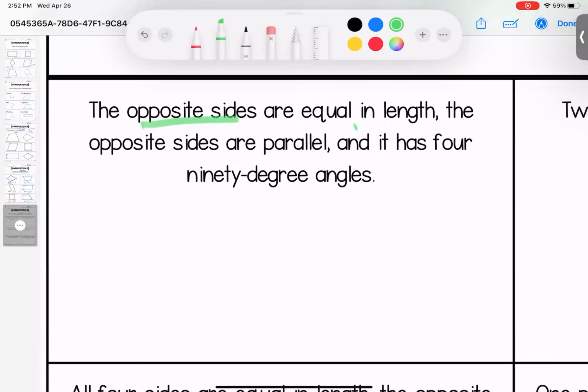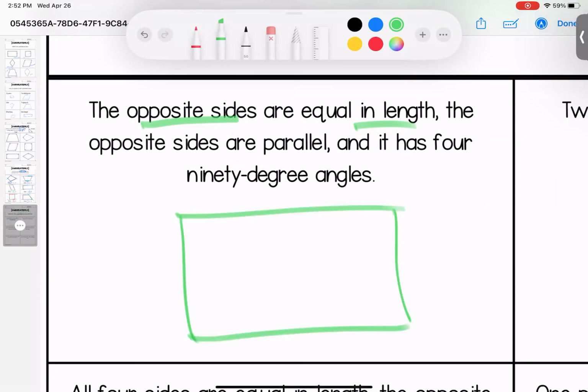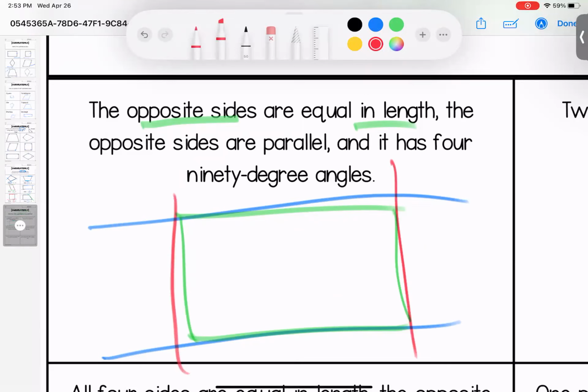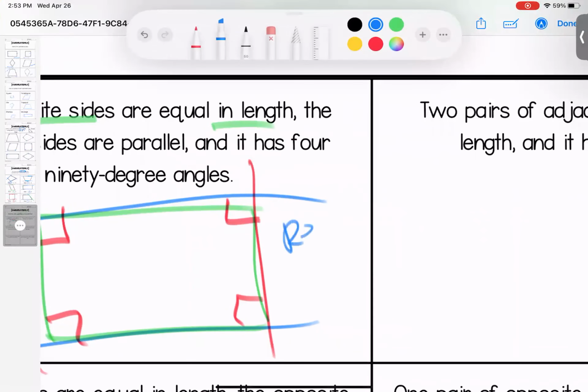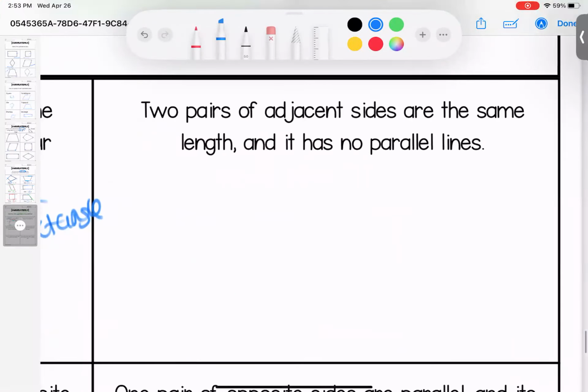Opposite sides have to be equal. The opposite sides are parallel. So these are parallel and these are parallel. And it has four 90-degree angles. For this one, you could say that it was a rectangle. If you said a square, that would also be okay. Two pairs of adjacent, meaning next to each other, sides that are the same length.